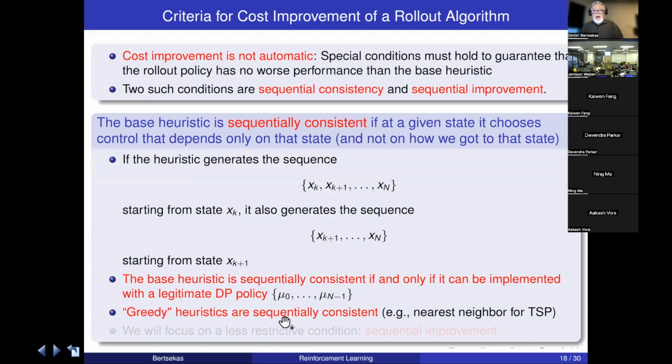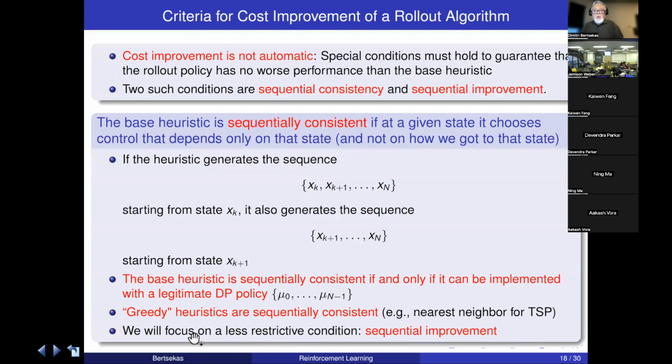Greedy heuristics are typically sequentially consistent, like the nearest neighbor heuristic for the traveling salesman problem, or the greedy heuristic for the multi-vehicle routing problem. You can show that.